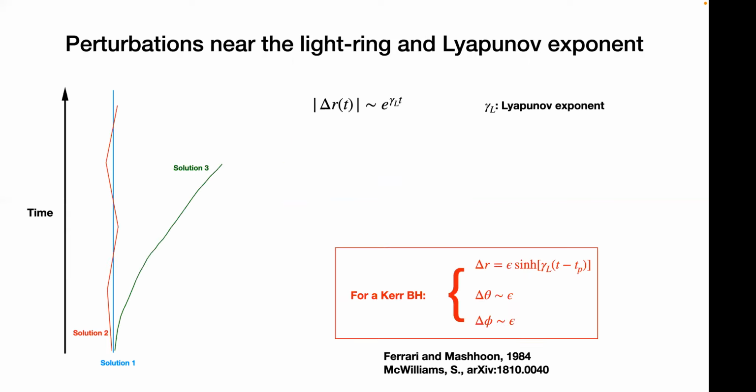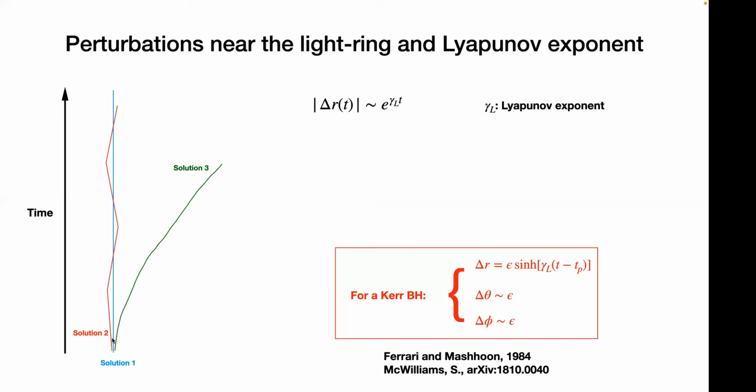I have mentioned that when the light ring is perturbed, part of the wave can escape to infinity and become ringdown. So it is important to understand how light evolves when it is perturbed from the light ring. One way to analyze the problem is to give the initial position a small offset and see how the deviation from the unperturbed solution evolves. For example, we have this unperturbed solution, solution 1.